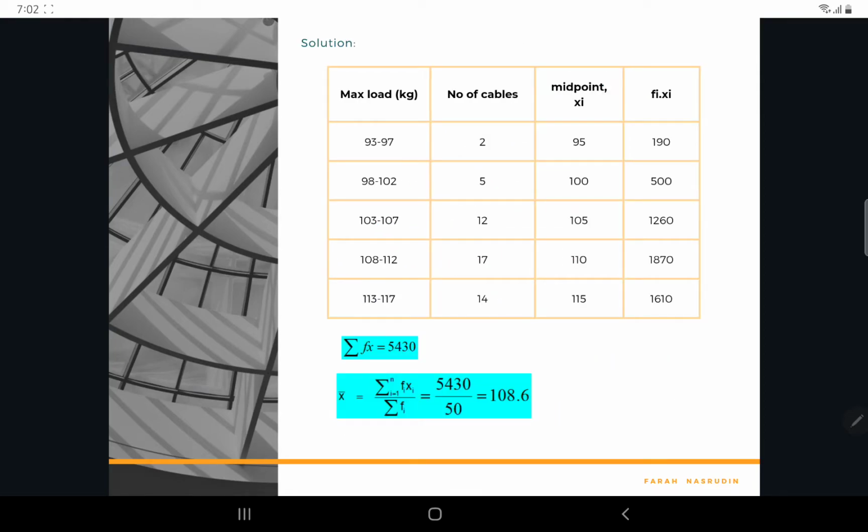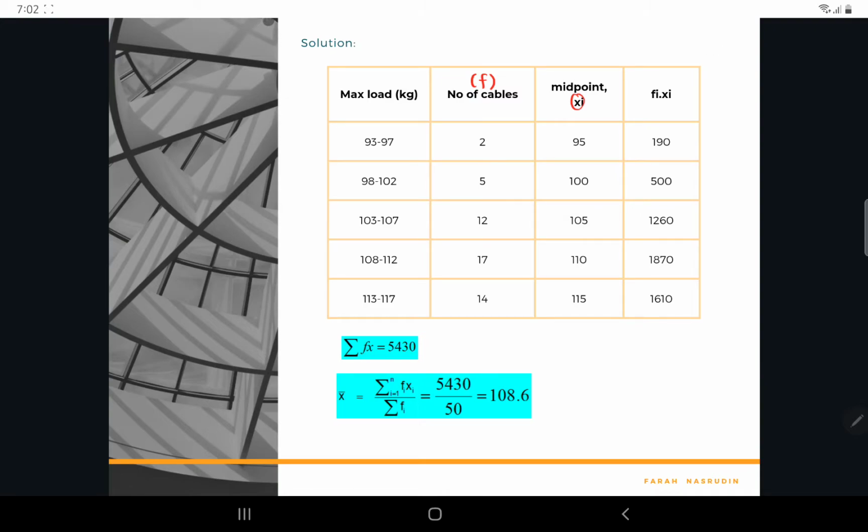So we need to add another two columns here, for midpoint and f multiplied by x. So here is f and here is our x. In the fourth column we need to multiply f with x, the second column multiplied with the third column.